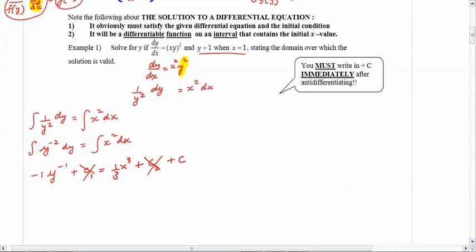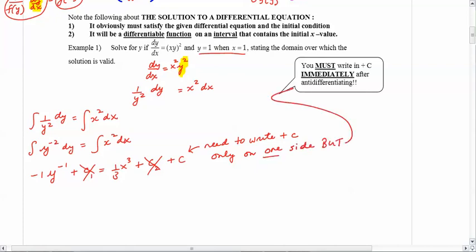So let's make a quick note that we need to write the plus c only on one side. But please, we must do it immediately once we have removed the integral sign. That plus c must go in at this step.